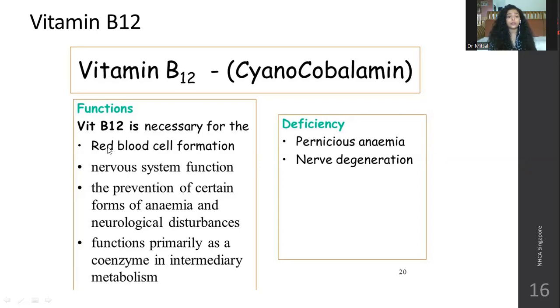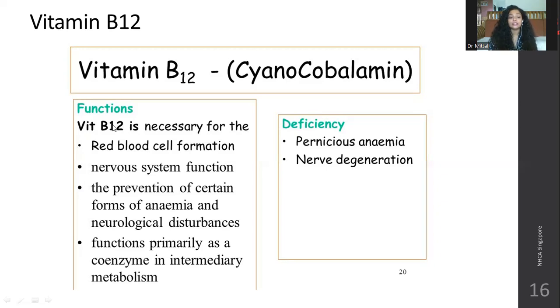So what are the major functions of vitamin B12? It is necessary for red blood cell formation, for your nervous system's healthy functioning, and for prevention of certain types of anemia, one being pernicious anemia, and other neurological disturbances.